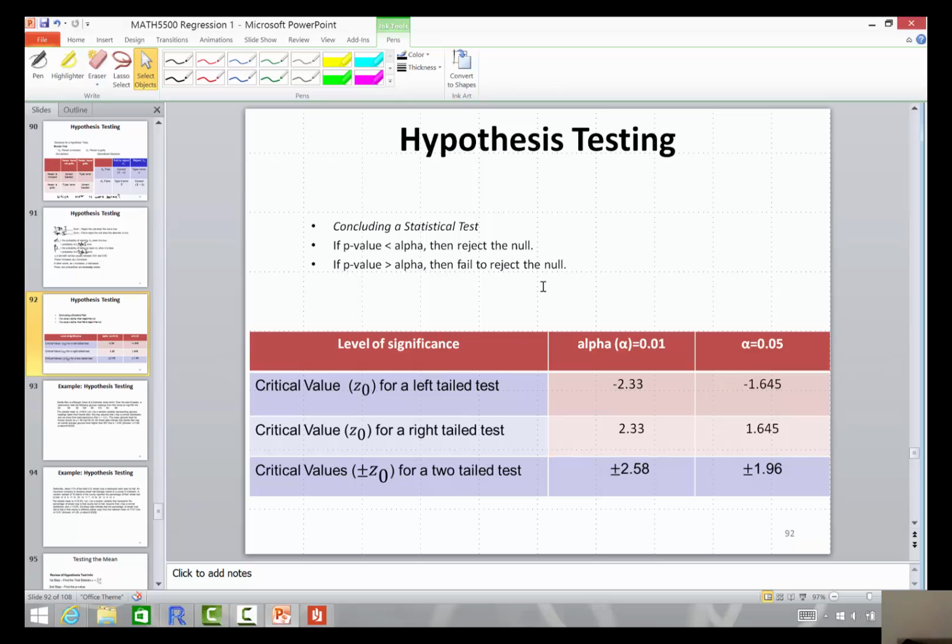In our example, I will not be using the critical value method. I will be using the p-value method. I will find the p-value and compare it with alpha. We rarely use the critical value concept.